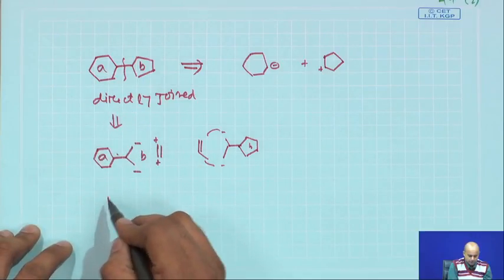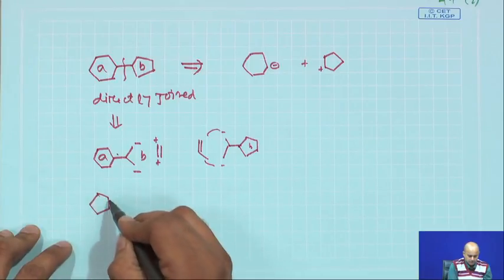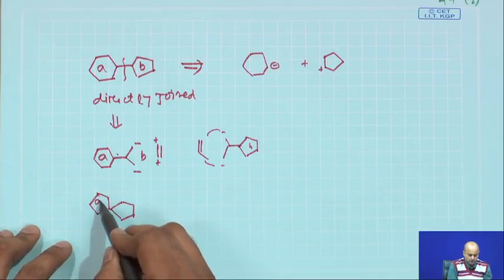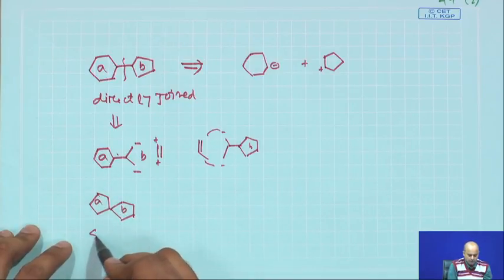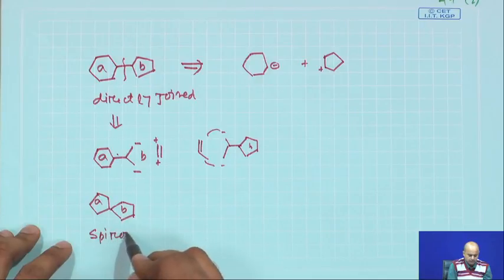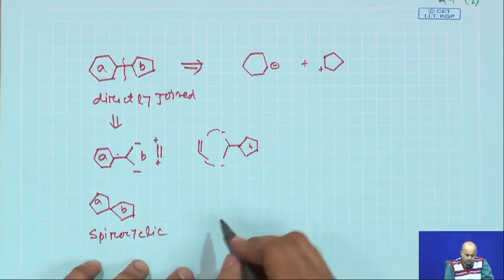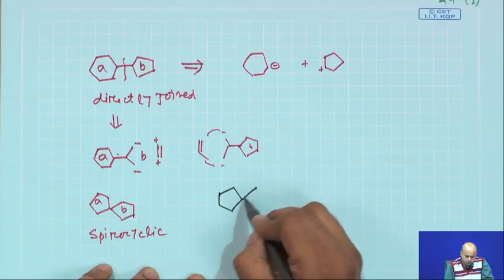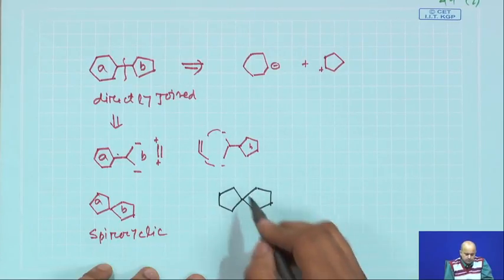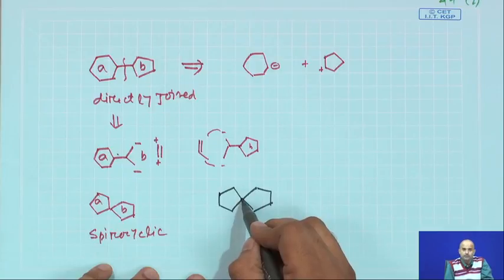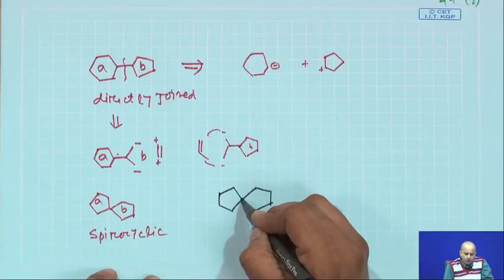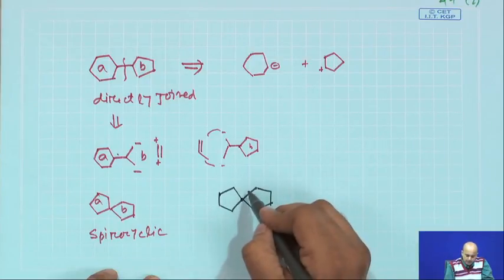Now, there are topologies, let us say this topology. This molecule is a bicyclic molecule and that particular topology is named spirocycle, the spirocyclic molecules. For spirocyclic molecules there is some terminology which you need to know. They have a common carbon atom, and the bonds which originate from it are named in a different way.